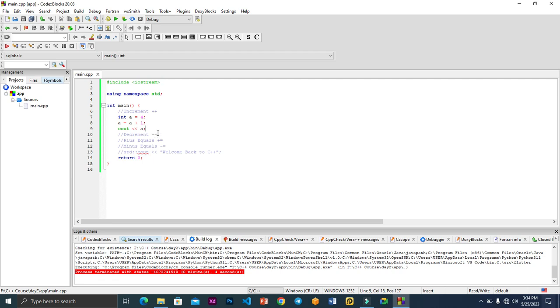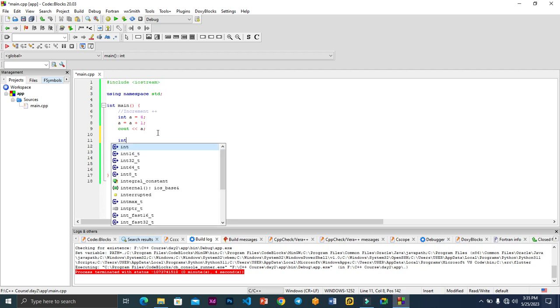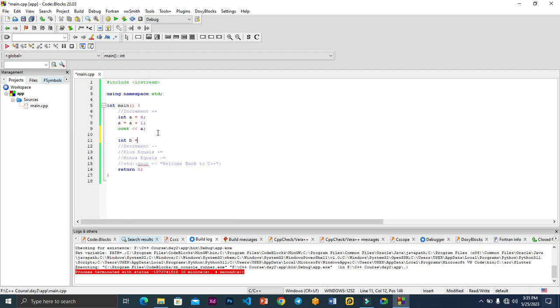All right, we can also do this for other variables. Let's try the integer b, which is set to 20, and later we can set b to b plus 3.